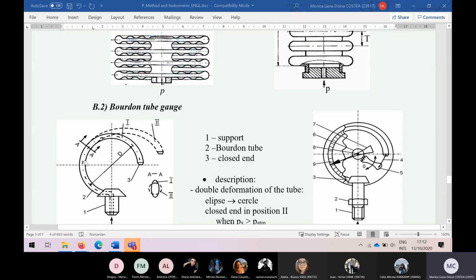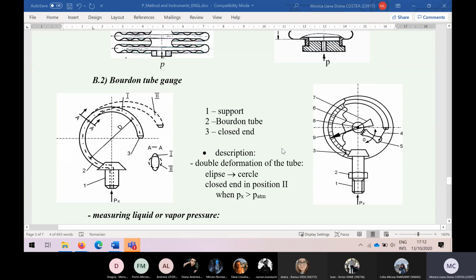The Bourdon tube is a little bit more complicated. It is a question of an elliptic cross-sectional area tube, metallic as well, which will be submitted to two deformations. First, this elliptic shape goes to a circular one, and then the closed end will move from position 1 to position 2 if it measures manometric pressure, or the deformation will be inside if it works as a mano-vacuumeter, so measuring a vacuum pressure.